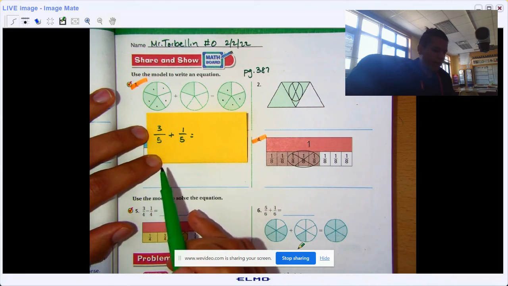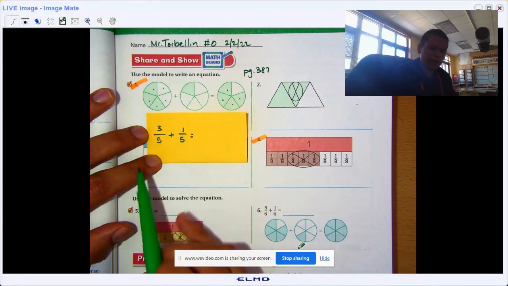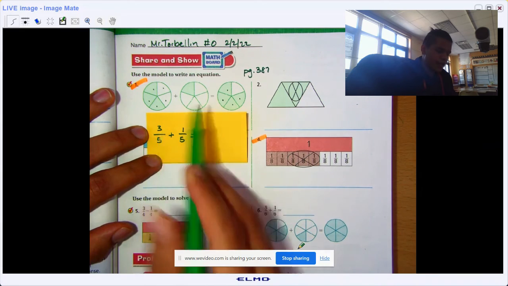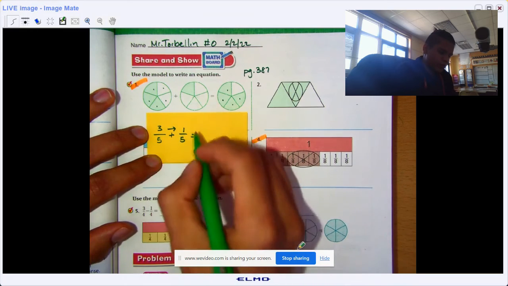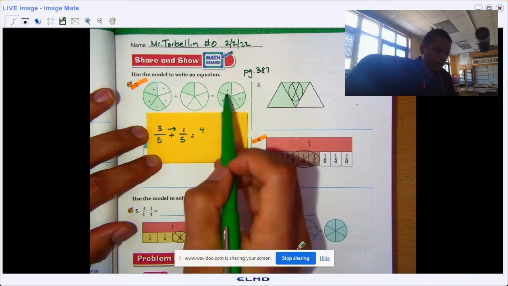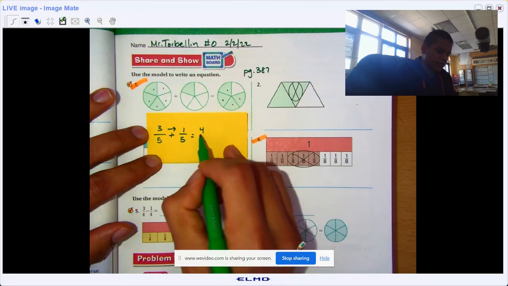Let me say that again. When you add or subtract fractions that have a common denominator, they both have the same denominator of 5, all you do is add or subtract the numerator. So 3 plus 1 is 4. As you can see, there are 1, 2, 3, 4 parts shaded here, and the denominator stays the same.